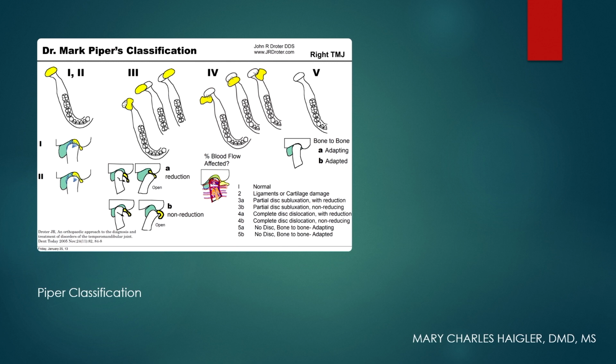And then, again, there's either with reduction or without reduction. So when you open, do you click back onto it completely, or do you not? And then 4 is it's all the way out of place. Again, can you click onto it or not? So non-reducing is B, with reduction is A. And then 5, they say that there's no disc, so it's bone on bone.